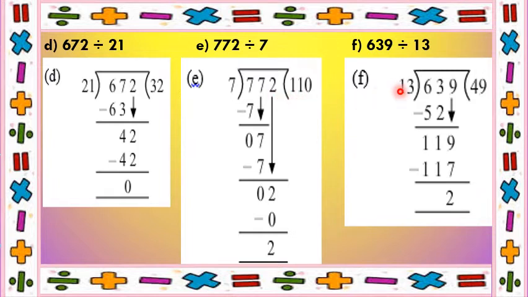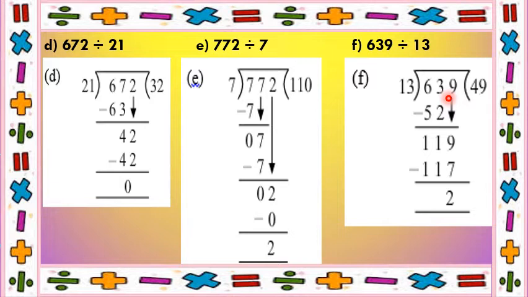F. 639 divided by 13. First consider the digit 6. 6 is not divisible by 13. So consider second digit also. So we will consider 63. Now 13 fours are is 52. Find the difference. 3 minus 2 is 1. 6 minus 5 is 1.